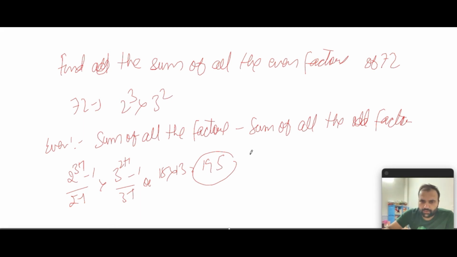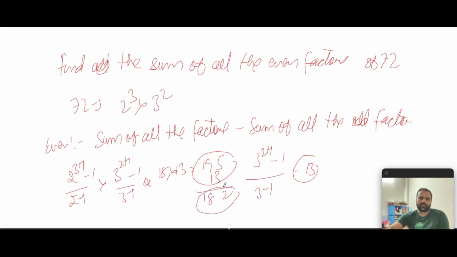Now we need to take the sum of all the odd factors. The odd factors come from 3 squared. So how much would it be? By the formula, 3 plus 1 minus 1 by 3 minus 1, which is 13. So if we subtract 13 from the sum of all the factors, 195 minus 13, we get 182. We can do it with the second method as well.